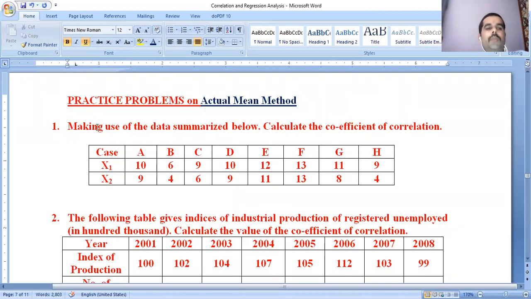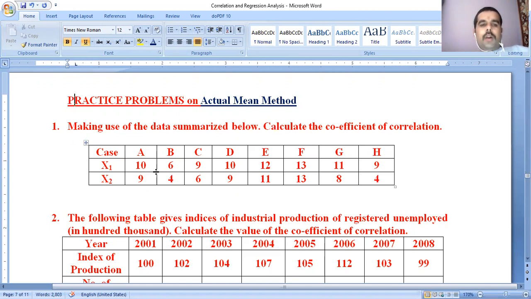The first one: making use of the data summarized below, calculate the coefficient of correlation. The examiner will ask in this way, with cases A, B, C, D, E, F, G, H, and x1 and x2. Instead of x and y, they have written x1 and x2. First of all, we have to see which method this problem belongs to.